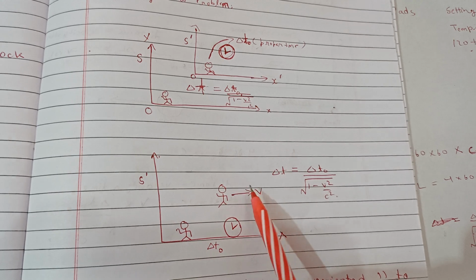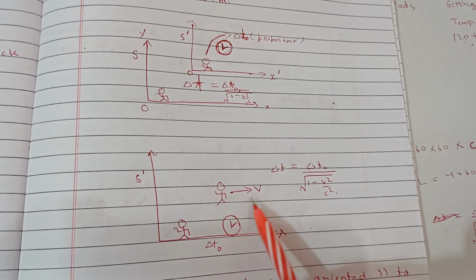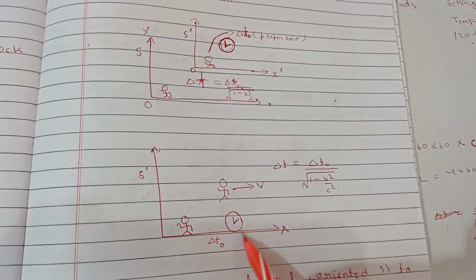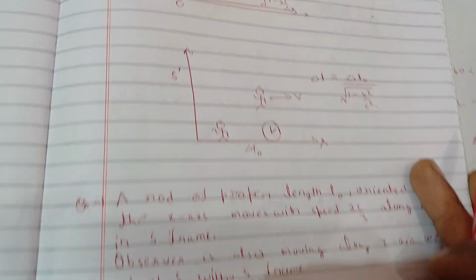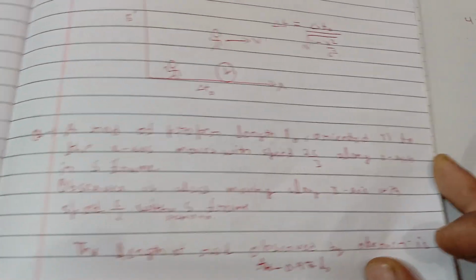So he will measure more time as compared to the actual time, and according to him this clock is slowed down. That's what time dilation is.